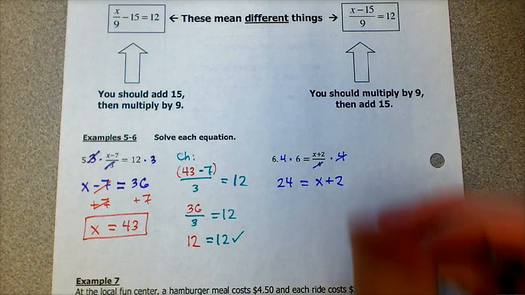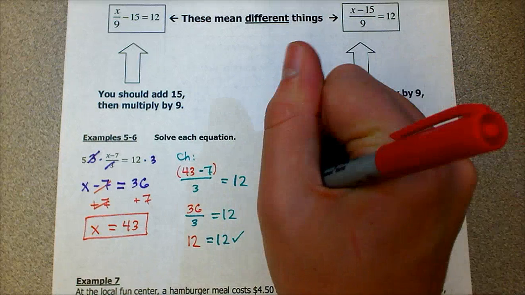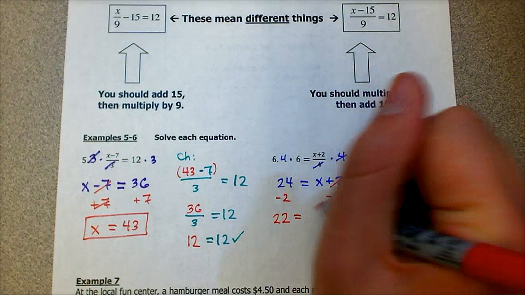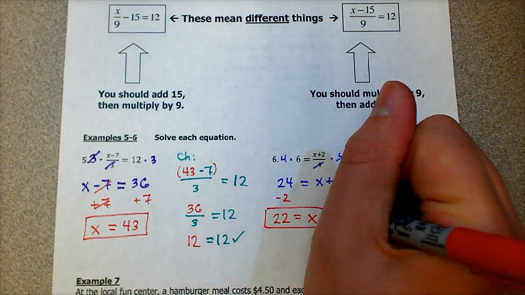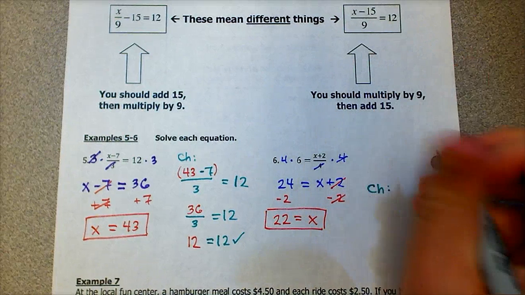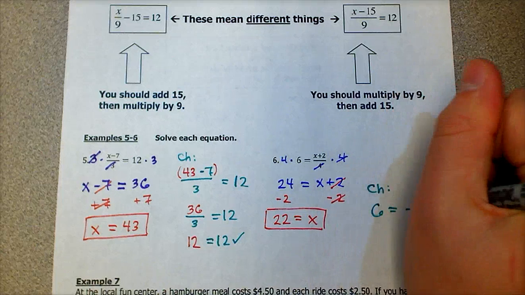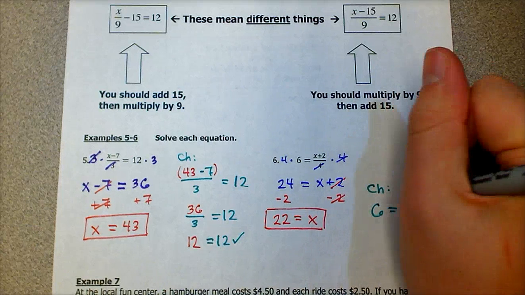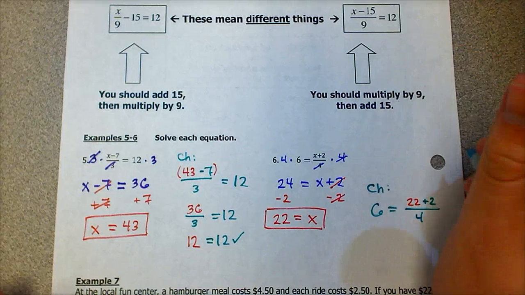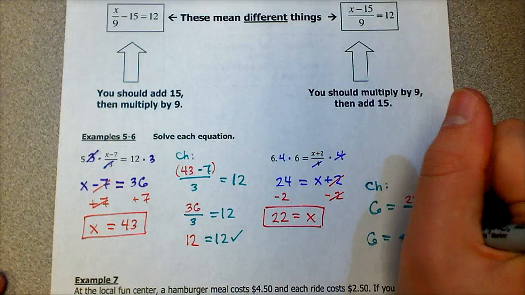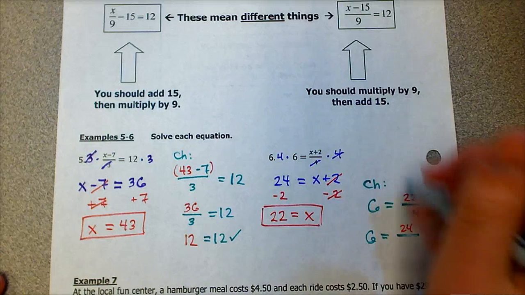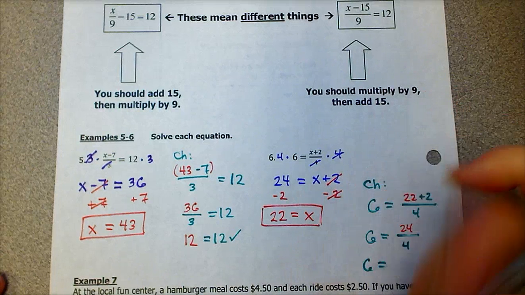So now I can solve by subtracting 2 from both sides, and I get 22 equals x. Here's how my check looks. I have the equation 6 equals 22 plus 2 all over 4. In the numerator, 22 plus 2 is 24. And 24 divided by 4 is 6.